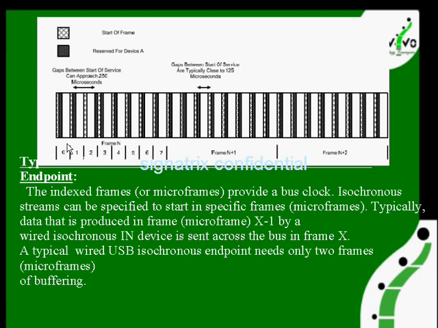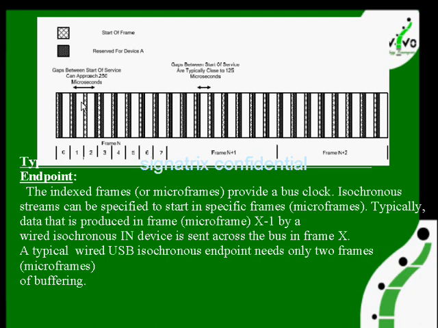Now the gaps between the start of service can be approached to 256 microsecond, and the gaps between the start of service are typically 125 microsecond.